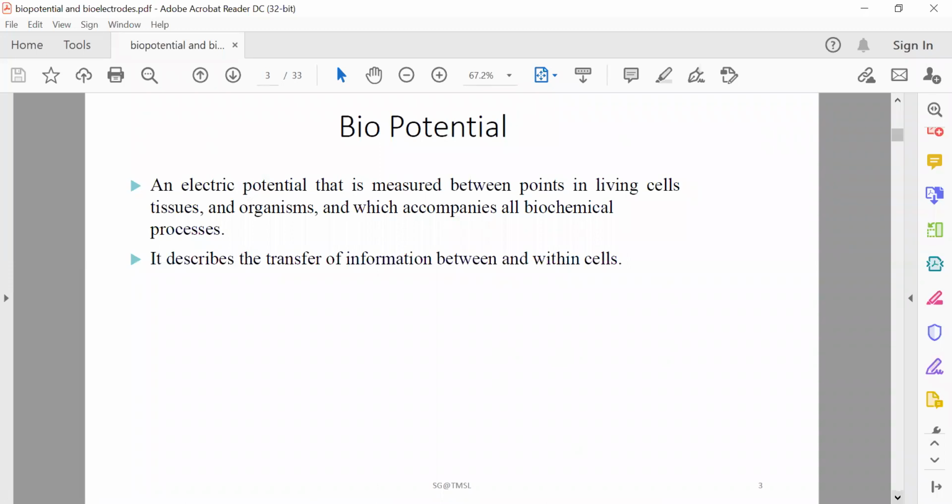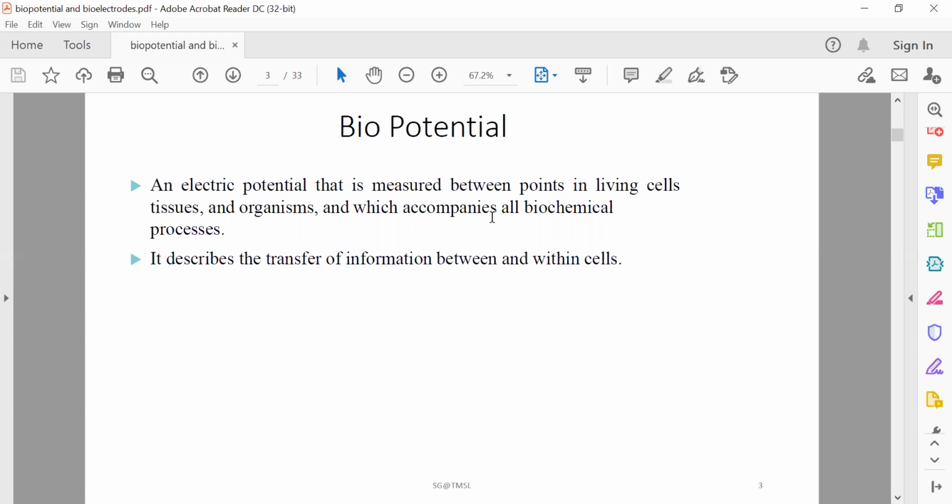The ionic voltages produced as a result of the electrochemical activity of certain special types of cells are known as bioelectric potentials. An electric potential measured between points in living cells, tissues and organs, which accompanies all biochemical processes, describes the transfer of information between and within cells.